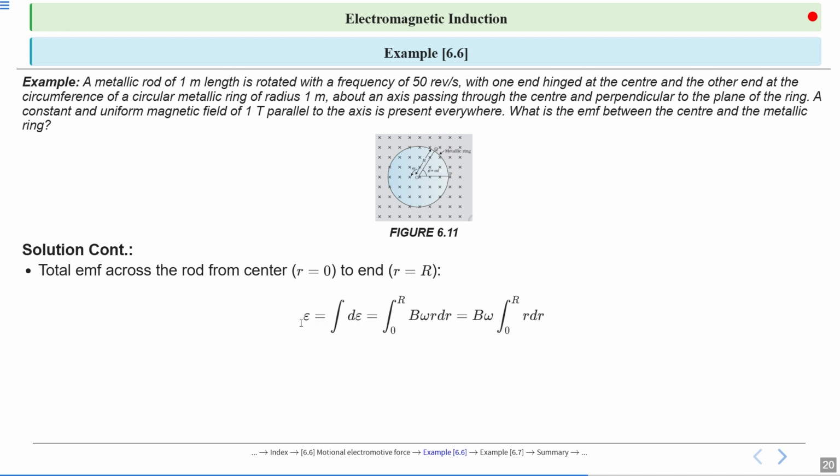So we will integrate it. Total EMF induced will be epsilon equal to integration of d epsilon. What is d epsilon? B omega r dr, integrating from 0 to capital R.